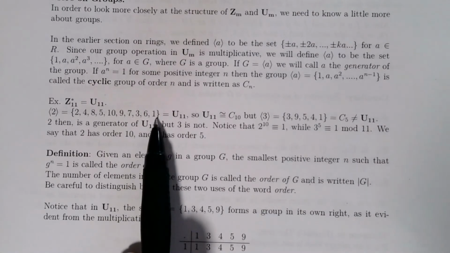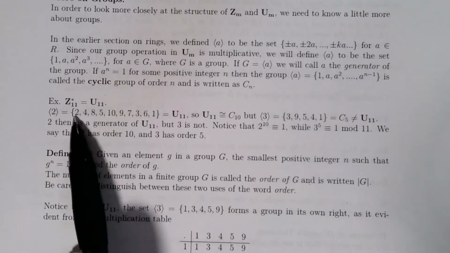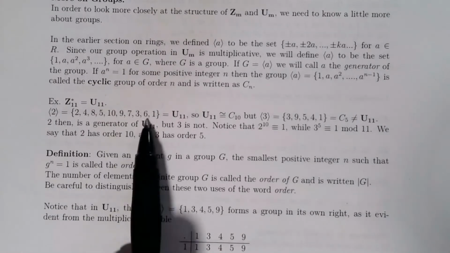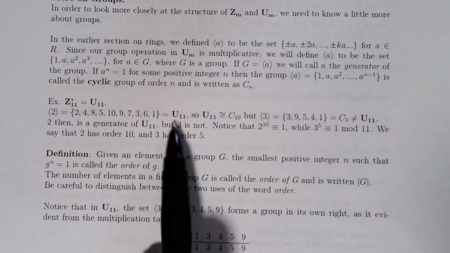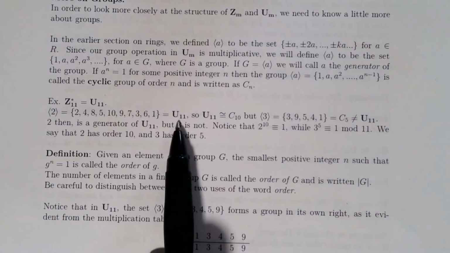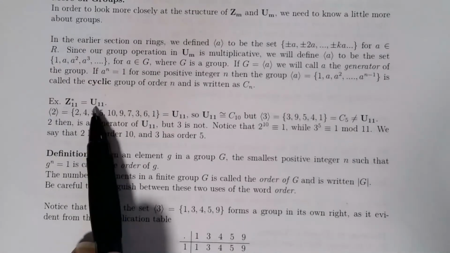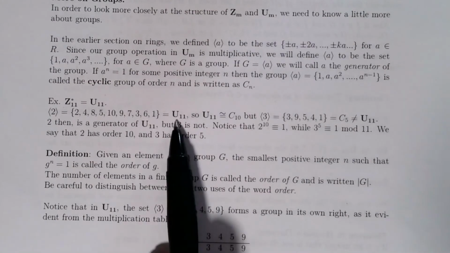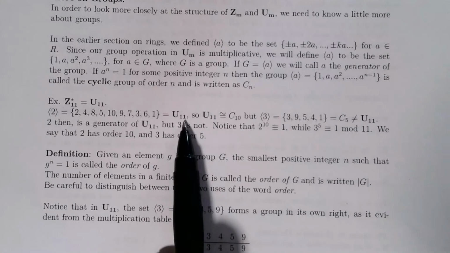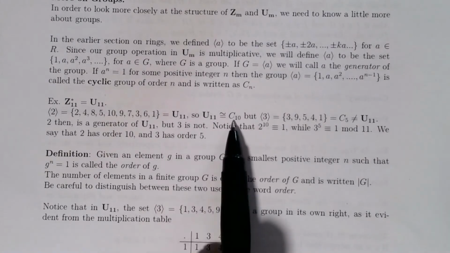And look, you actually get all the numbers 1, 2, 3 up to 10. This is in fact U11. That means 2 is a generator for this group U11, and U11 is a cyclic group. In other words, it's a cyclic group with 10 elements in it.